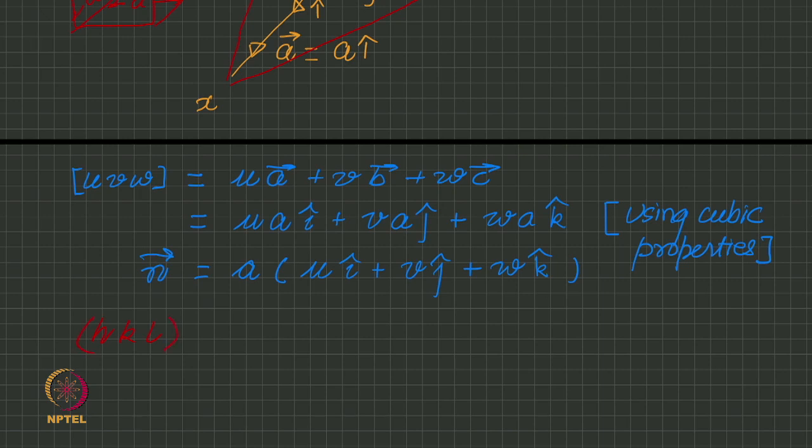By the very definition of Miller indices, they are the reciprocal of intercepts in terms of the corresponding lattice parameters.